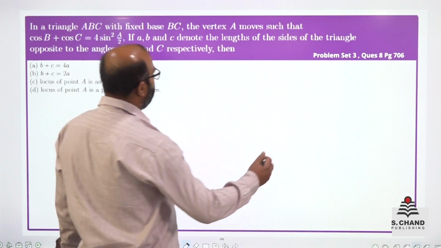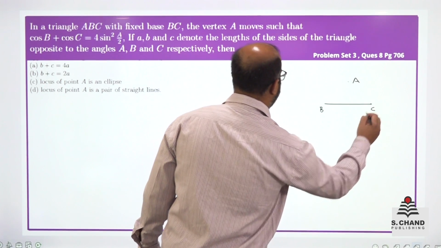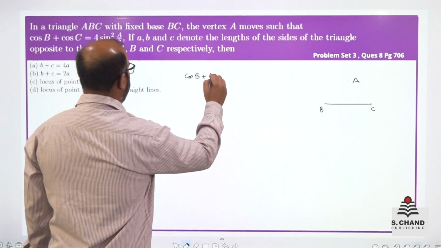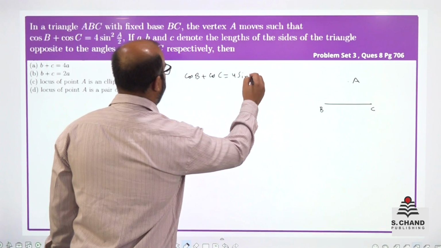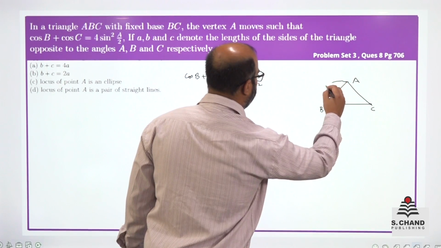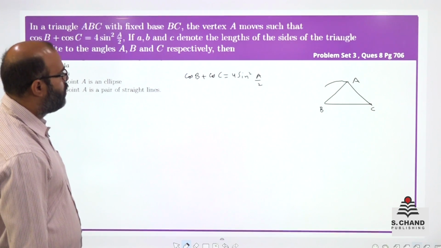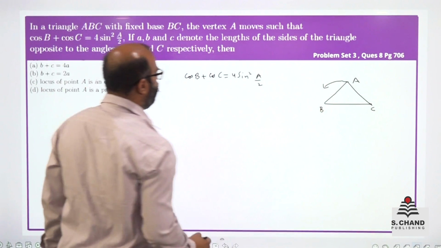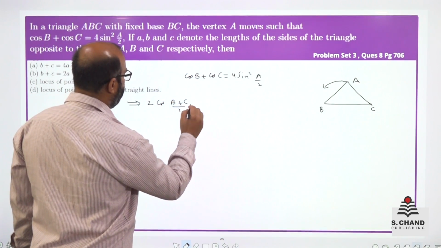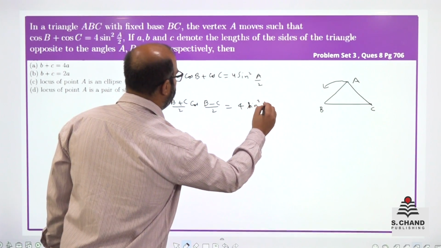It is saying that A is moving and B, C are fixed, and the way in which it is moving is cos B plus cos C is equal to 4 sin square A by 2. When you solve this equation, you can write it like this: 2 cos (B plus C)/2 into cos (B minus C)/2 is equal to 4 sin square A by 2.